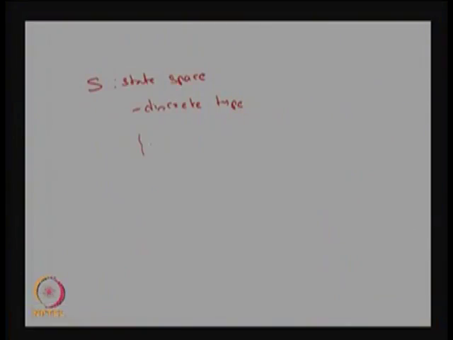So, whenever the stochastic process is satisfying the Markov property, the stochastic process is called the Markov process, or you can say whenever the state space is discrete, then we can call the corresponding stochastic process a Markov chain.